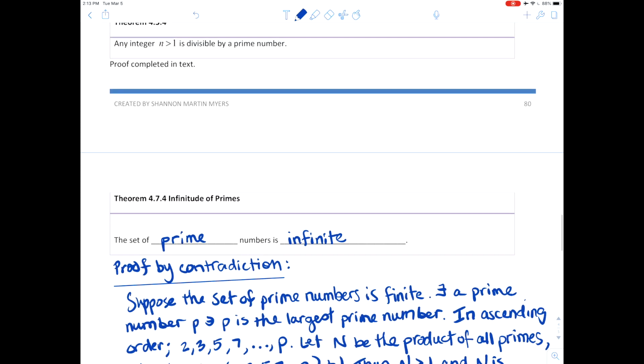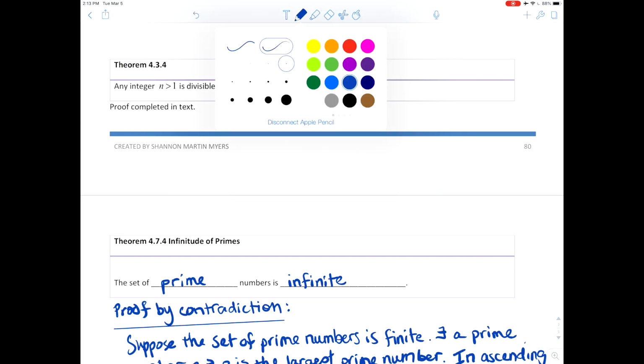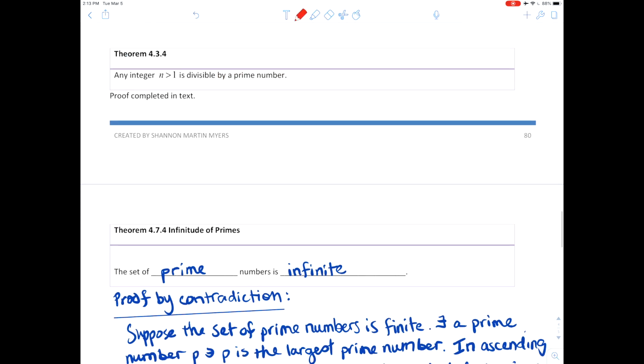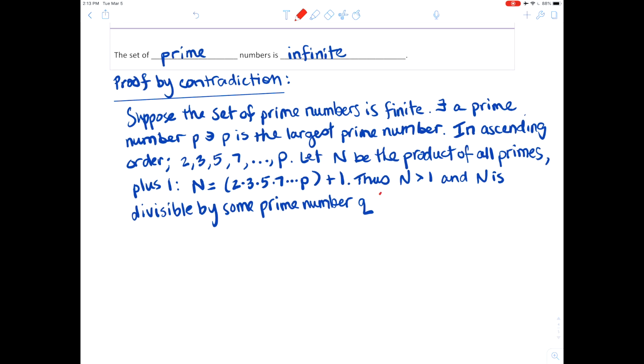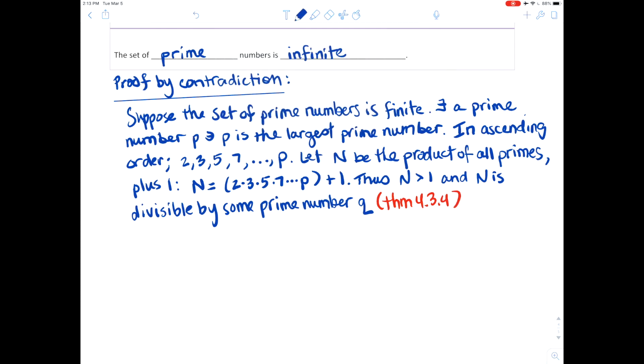And that is from Theorem 4.3.4, right? So, okay.